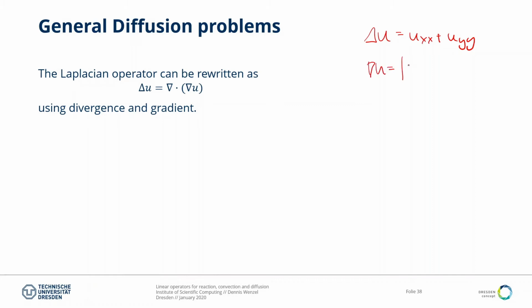The gradient of u is a vector containing ux and uy here. And then if you form the divergence of this, then this gets an additional x derivative up here and an additional y derivative down here, so that this is also uxx plus uyy. Okay, so that can be done.